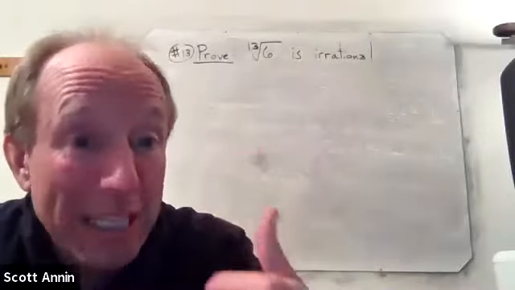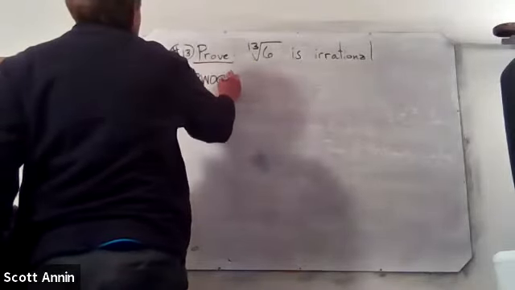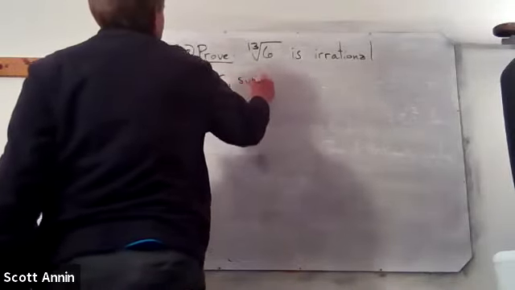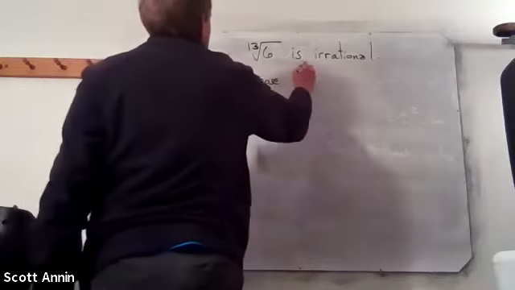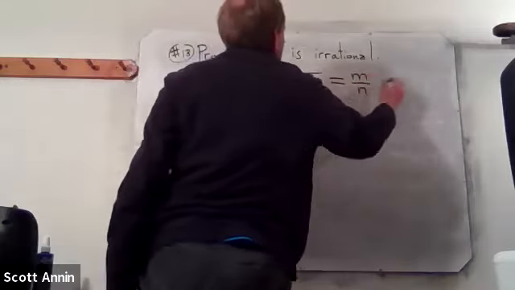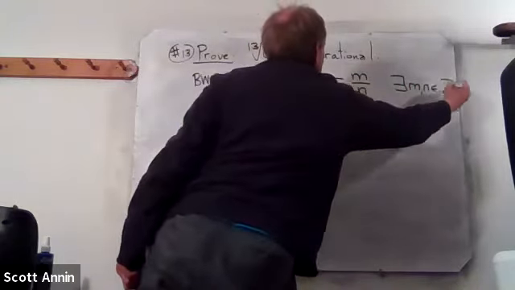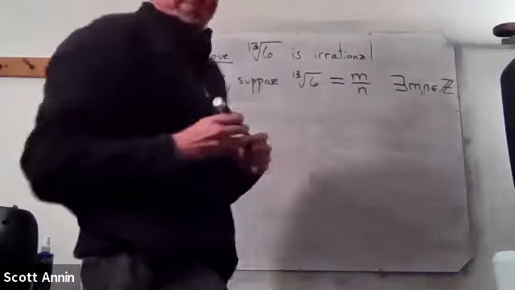So the idea is a rational number is a ratio of 2 integers. So what I do for something like this is I go by way of contradiction. By way of contradiction, let's suppose that the 13th root of 6 is m over n for some integers m and n.